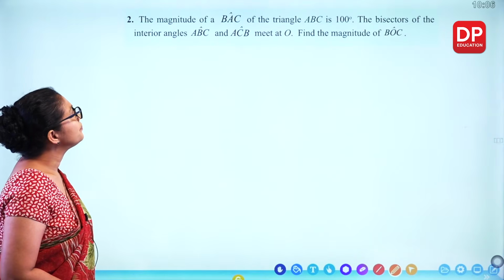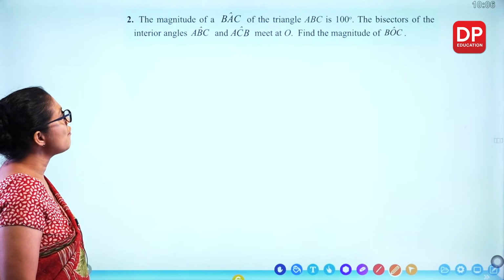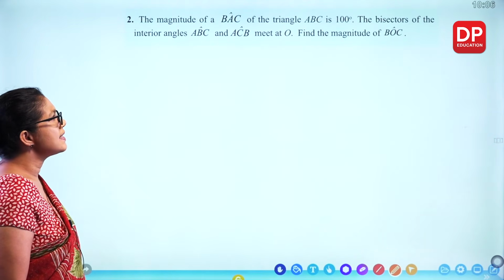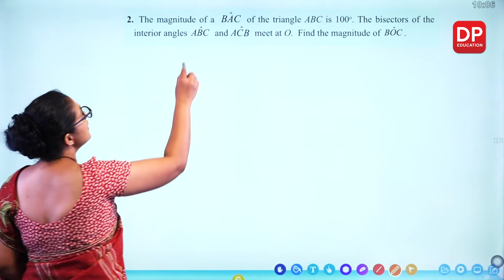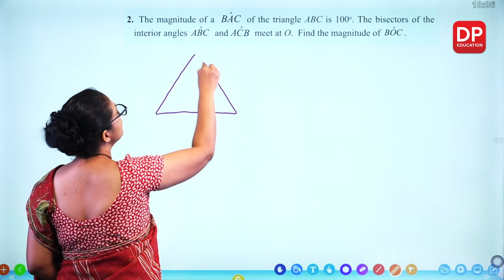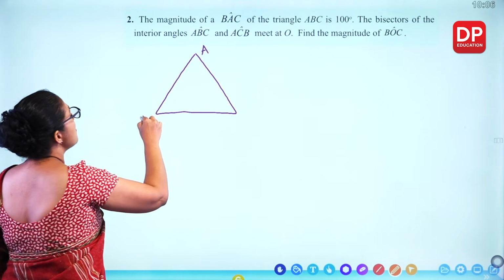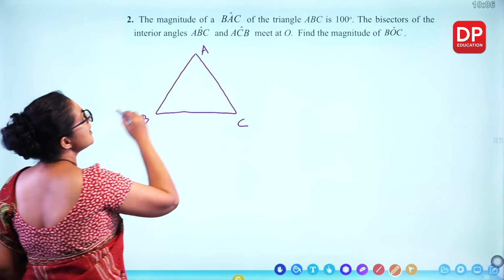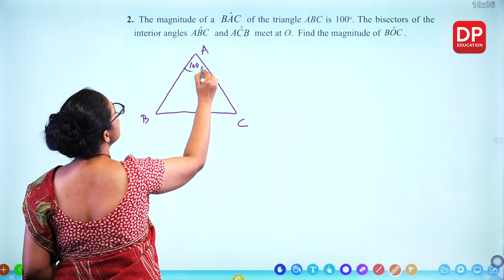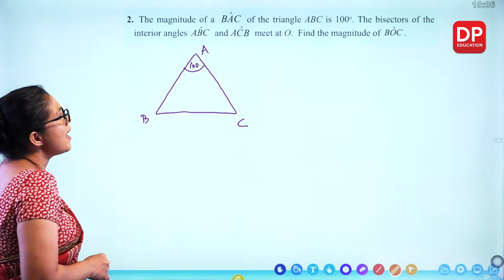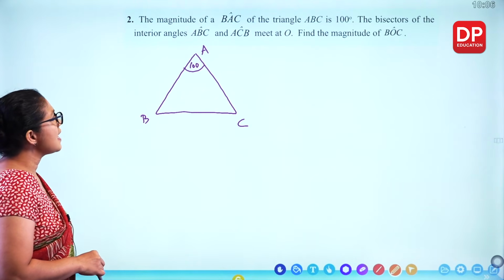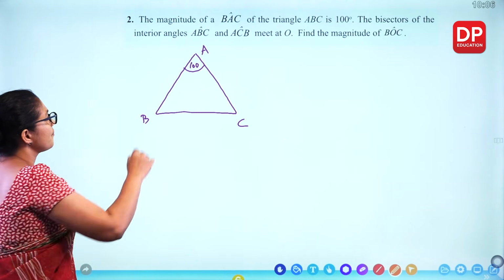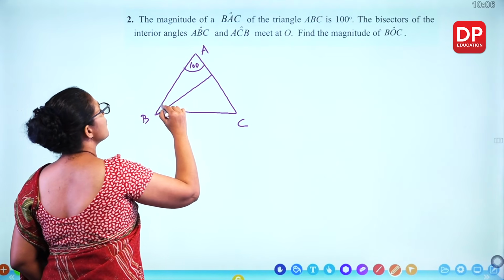Question number 2. It says the magnitude of BAC of a triangle ABC is 100. So we'll try to draw the triangle. In an ABC triangle, BAC is 100. So this is given 100. The bisectors of the interior angles ABC, I'll draw a bisector.